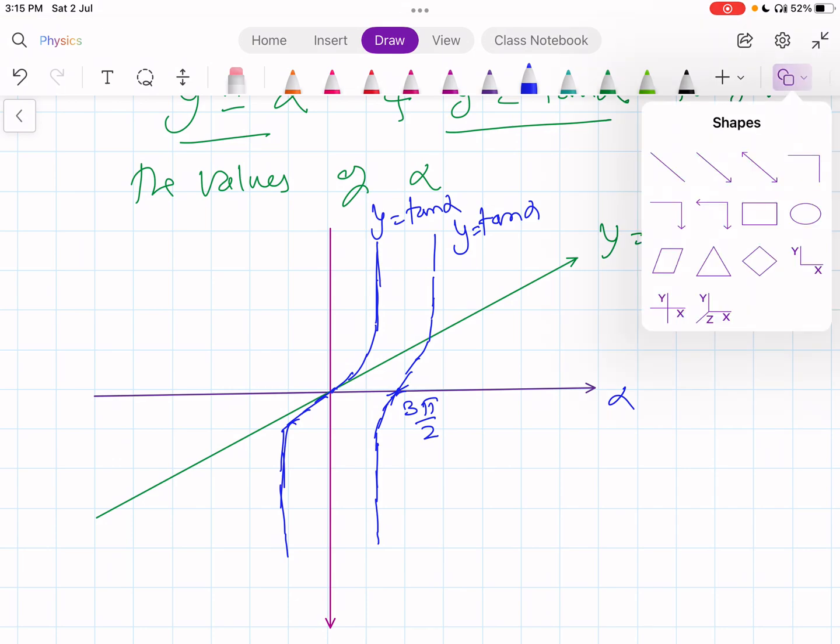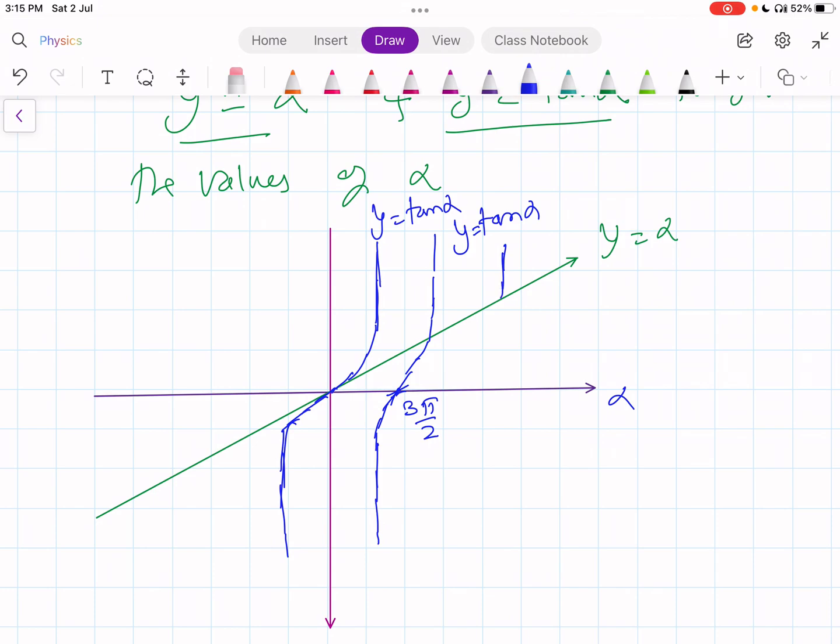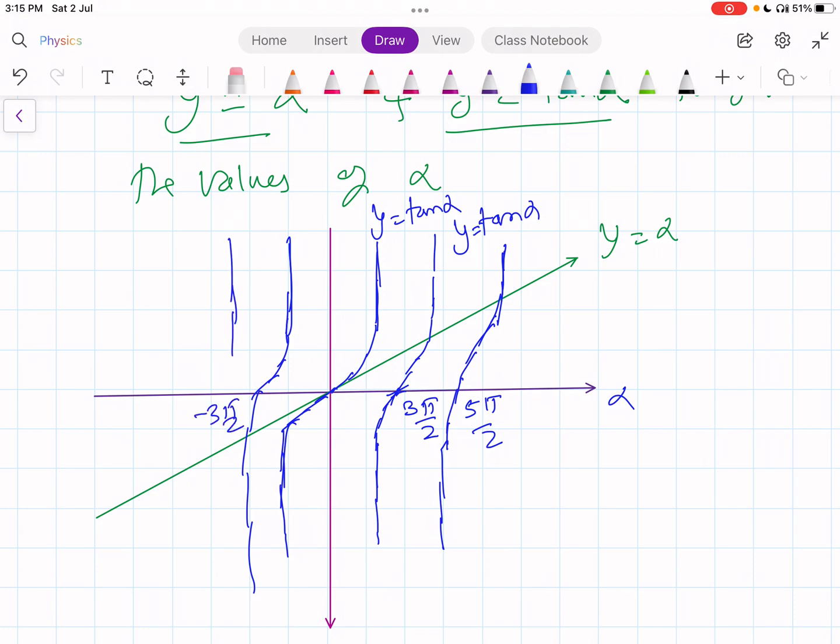Then also again this is equals to 5 pi by 2. Similarly, you will get this side also. This is minus 3 pi by 2 and this is minus 5 pi by 2.